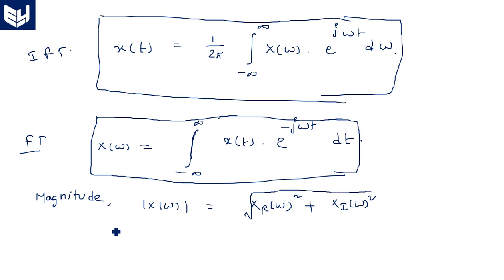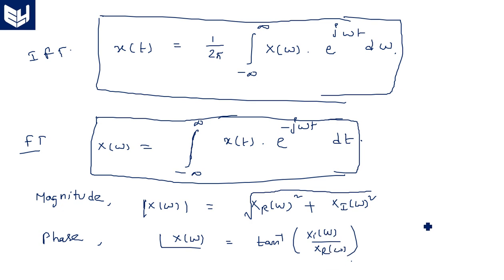This is the magnitude, like for a plus jb, the root over a squared plus b squared. And the phase, the angle of X of omega, is equal to tan inverse of imaginary b by a, so X_I of omega divided by X_R of omega, imaginary part by real part.